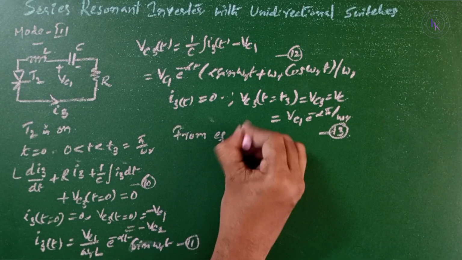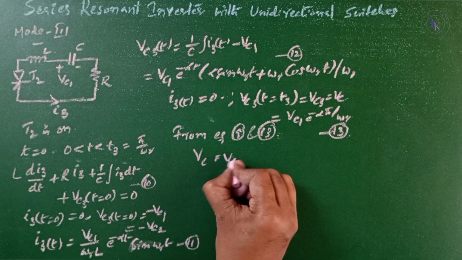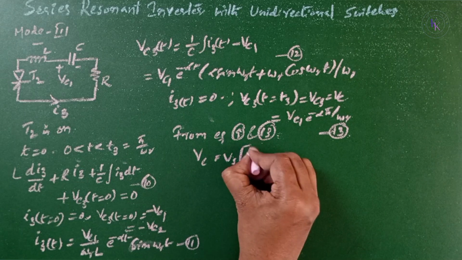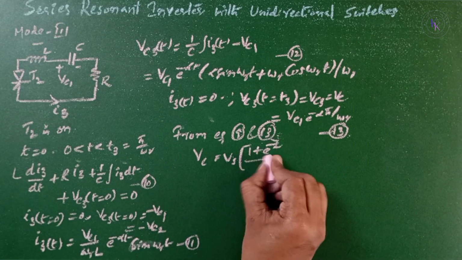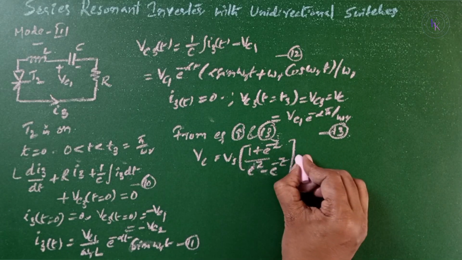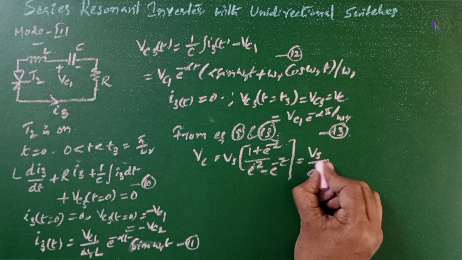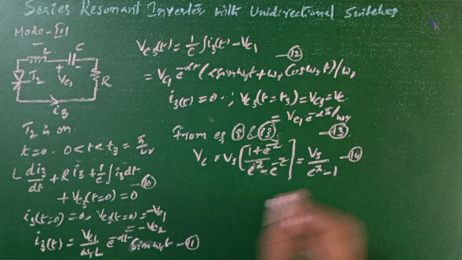From equations 9 and 13, you can write Vc equals Vs of 1 plus e to the power of minus z, divided by e to the power of z minus e to the power of minus z, which equals Vs by e to the power of z minus 1. Let it be equation number 14.